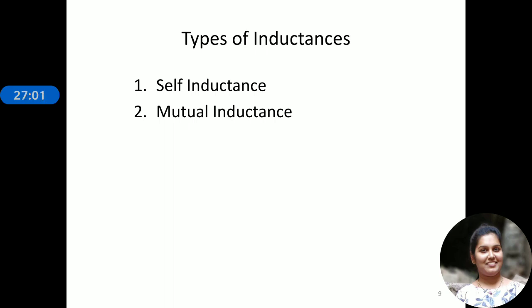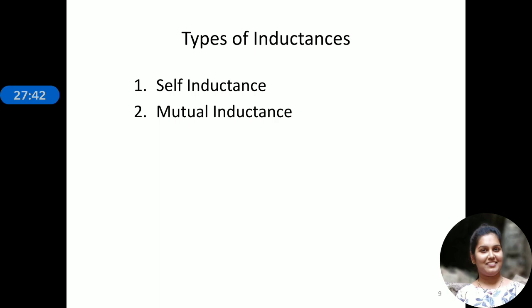Here we are talking about coil and magnetic flux, right? And that magnetic flux is developed because of the current flowing in the coil. Sometimes more than one coil may be connected in a circuit. The difference between self and mutual inductance is this: the magnetic flux developed in a coil because of the current flowing in the coil itself is called self inductance.